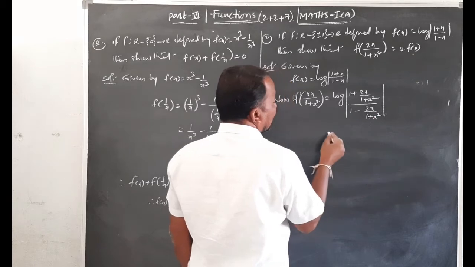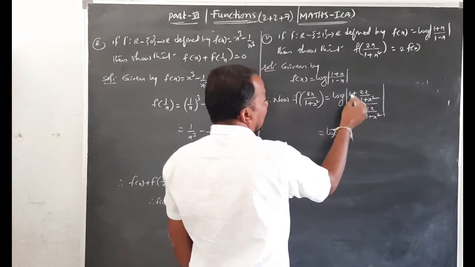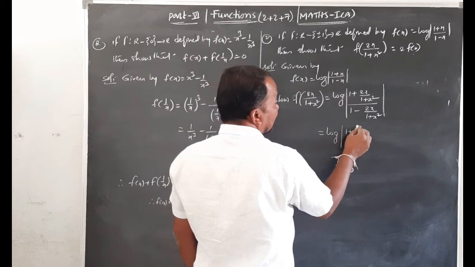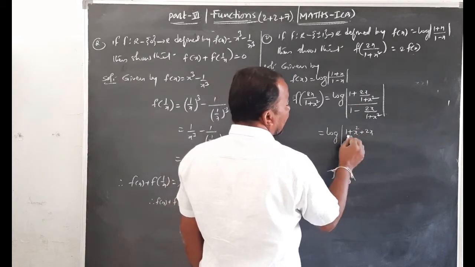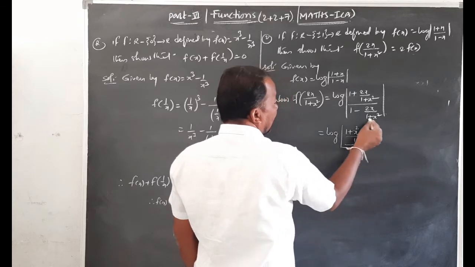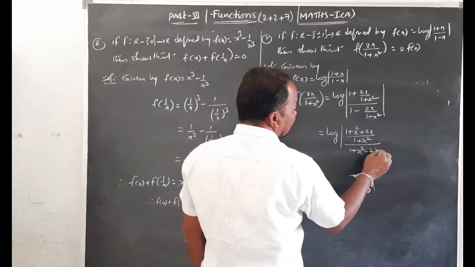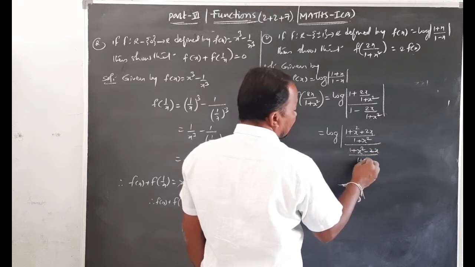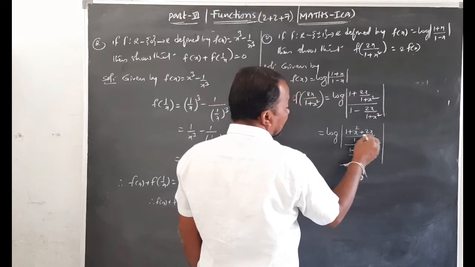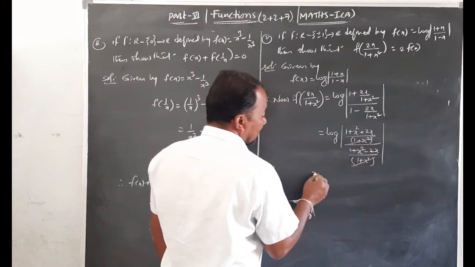Taking the LCM 1 plus x square, we get log of mod ((1 plus x square plus 2x) by (1 plus x square)) by ((1 plus x square minus 2x) by (1 plus x square)). The 1 plus x square terms cancel.